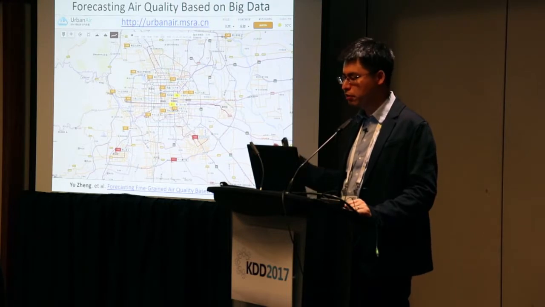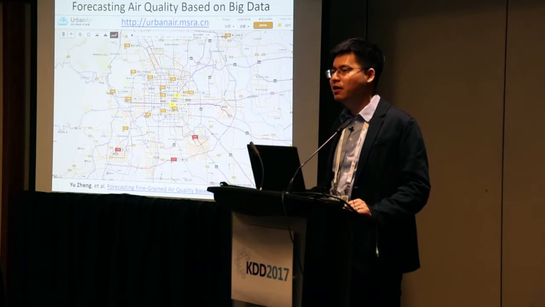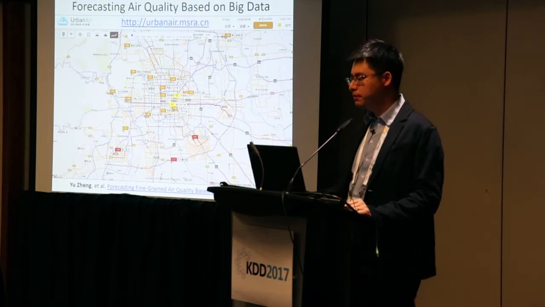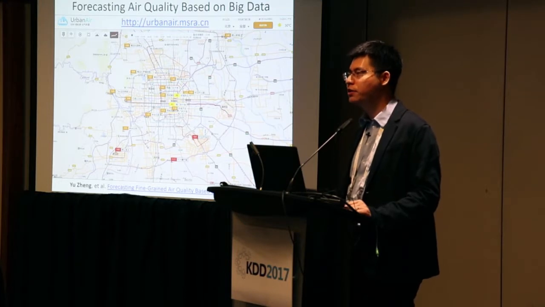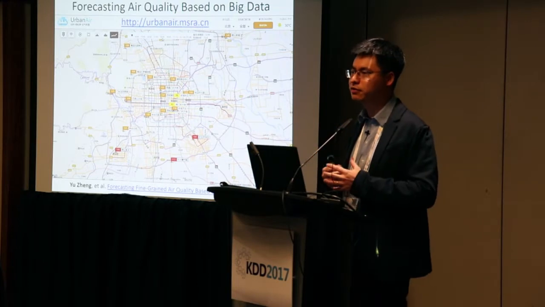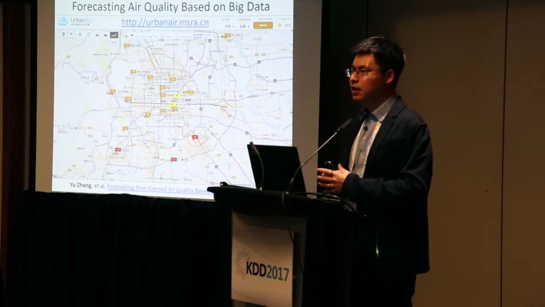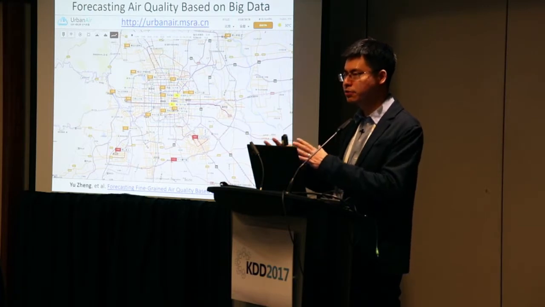For example, there's a true story. You probably heard of APEC Blue. APEC Blue means in China, during the APEC conference, the Asia-Pacific conference, joined by many leaders of major countries, the government did a lot of things to control the air pollution.